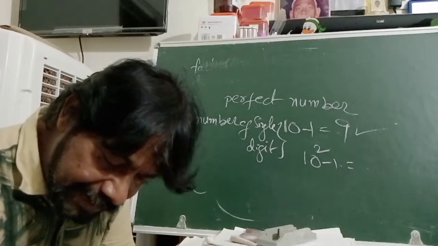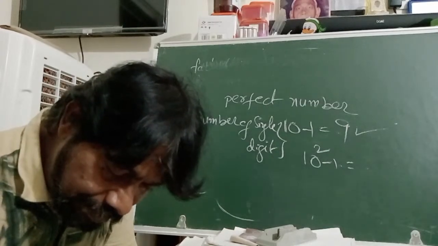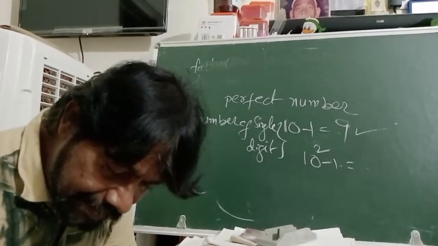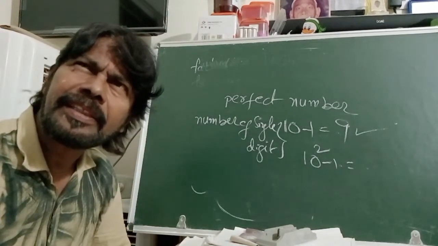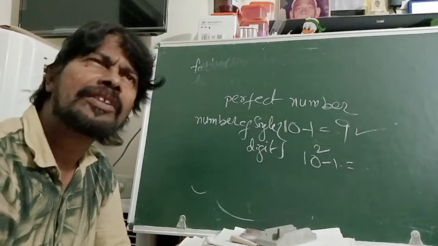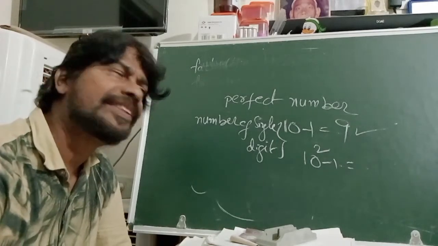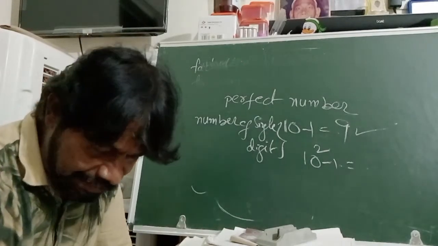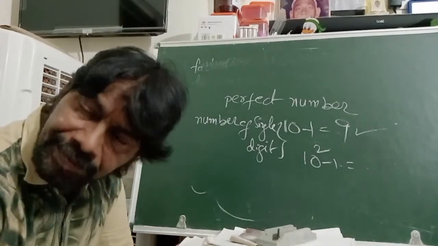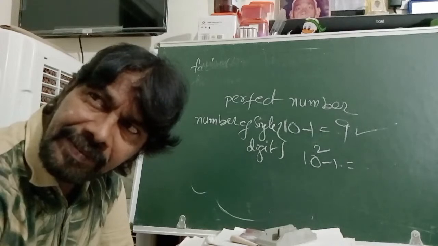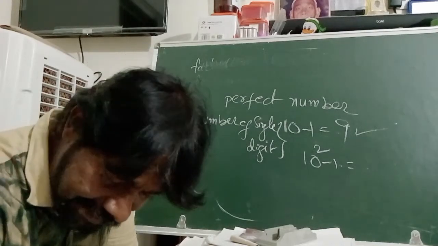The last number is 100, so up to 99 we are getting 99, minus 9 single-digit numbers.